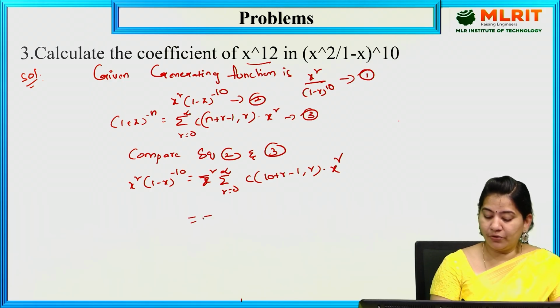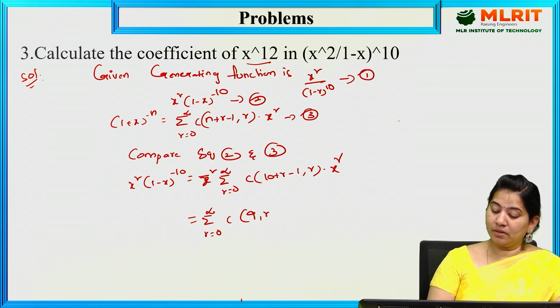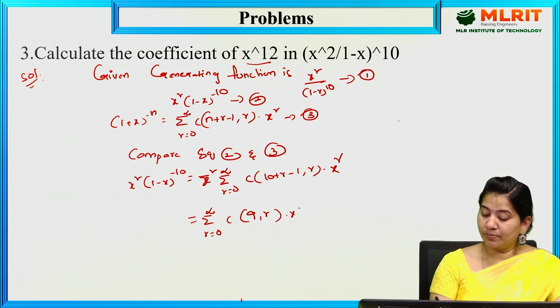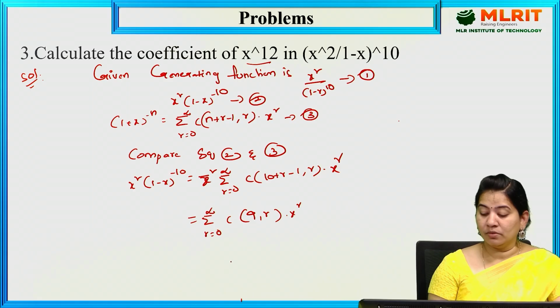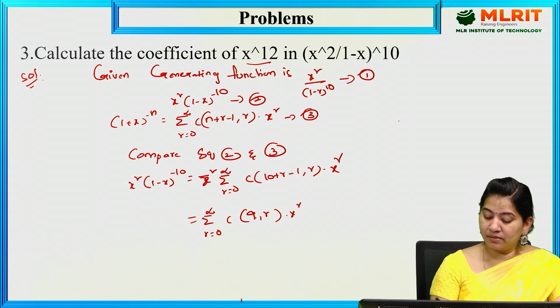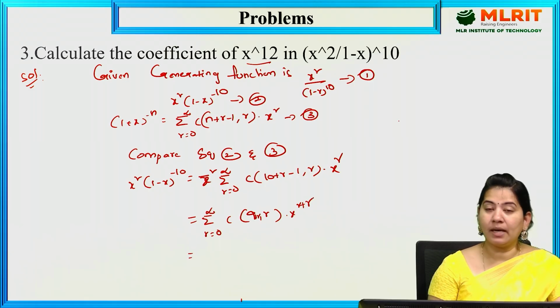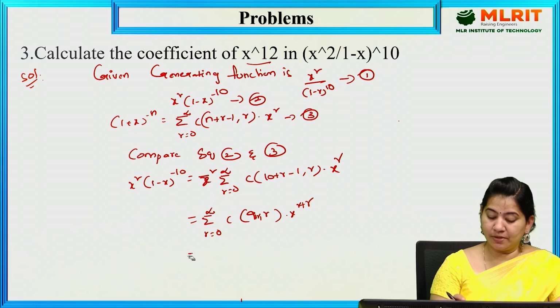If you modify this, it is sigma r equal to 0 to infinity C of 9 plus r comma r, into x power 2 plus r. Let us consider this as equation 4.